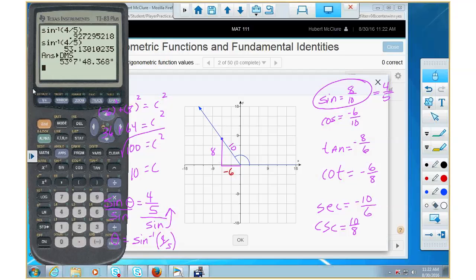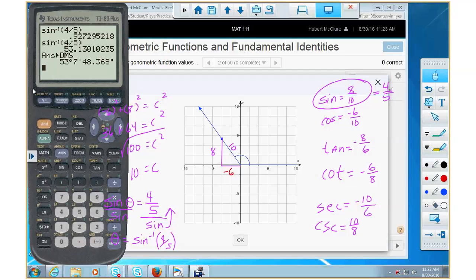That's the real world definition, because in the real world there is no such thing as decimal degrees. Never. An architect or a construction manager or a surveyor or a civil engineer would never turn 53.13 degrees.